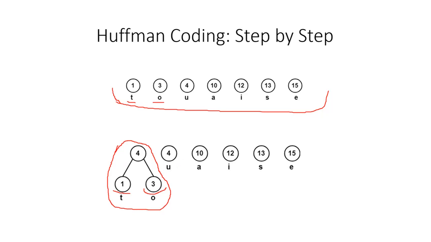Then we have this list. Then we merge these two nodes, and in the root we have 8 because it's the sum of all the frequencies of this tree.